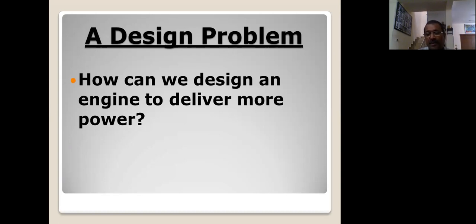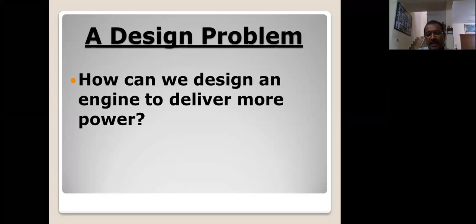If no oxygen is there, the extra fuel won't combust and won't deliver power. In the fourth stroke, the exhaust stroke, everything will be kicked out.